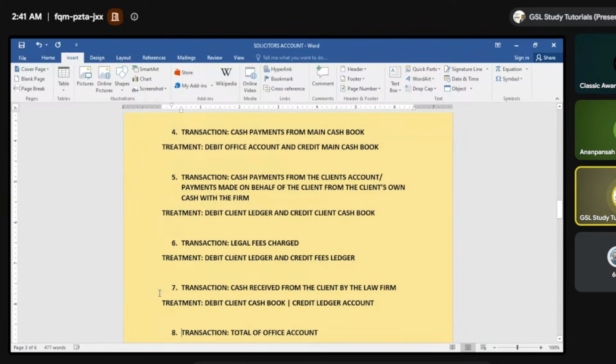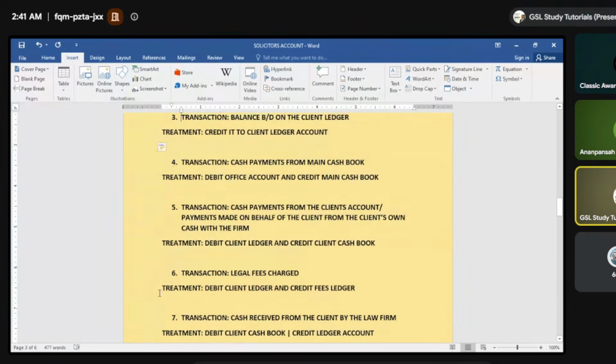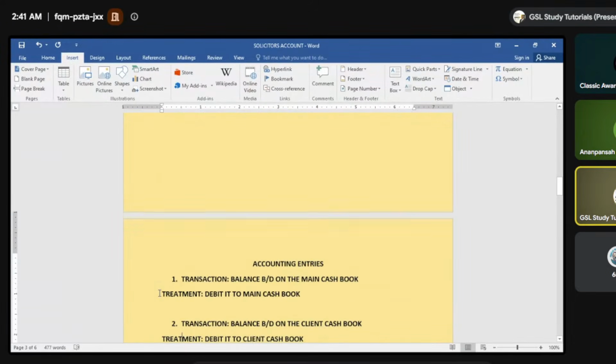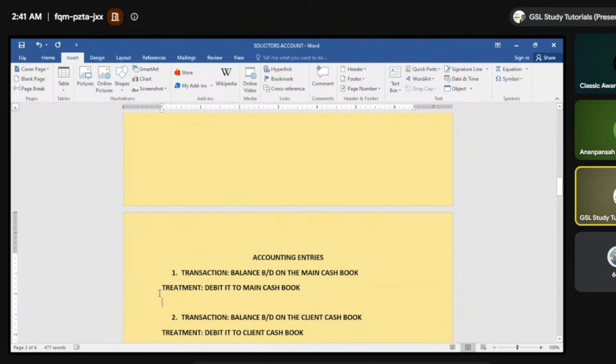So when we come to law 1, where he spoke about client balance on the main cash book, when you go to November 1, irrespective of the everyday practical understanding I'll bring on board, the law has specified that on November 1.